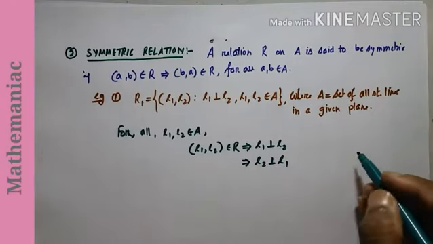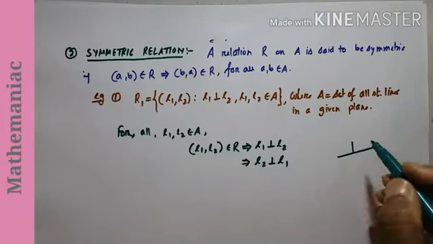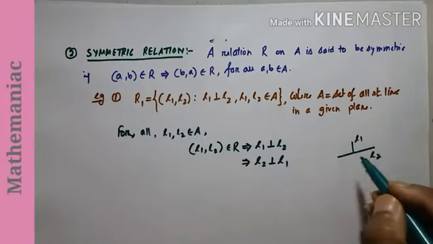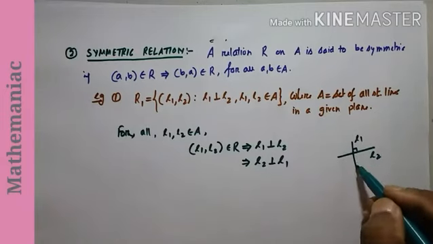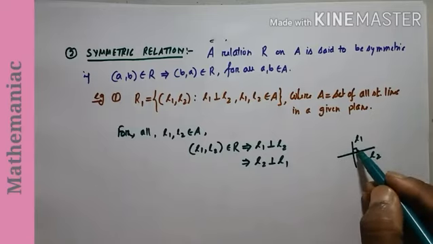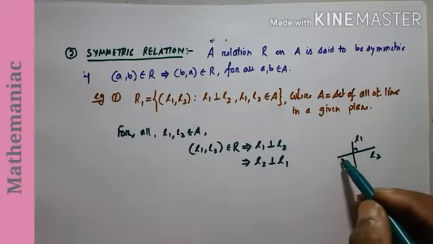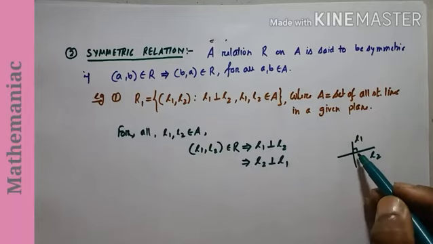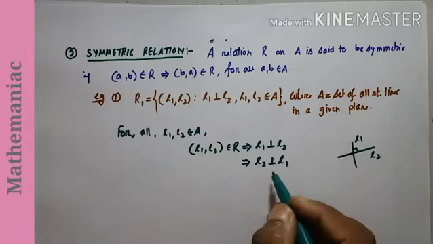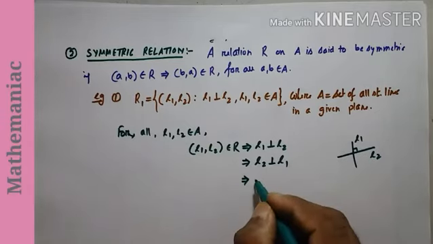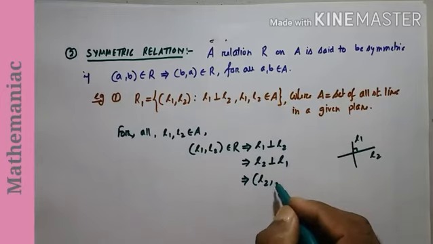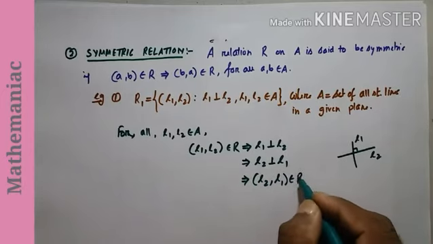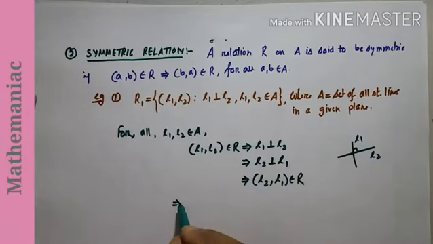Yes, that's true, because you see I am drawing a figure. Say this is L1 and this is L2. L1 is perpendicular to L2, means the angle should be 90 degrees. In the other way, L2 is also perpendicular to L1 because the angle is 90 degrees. So I can say (L2, L1) belongs to R. So the concluding step is what?